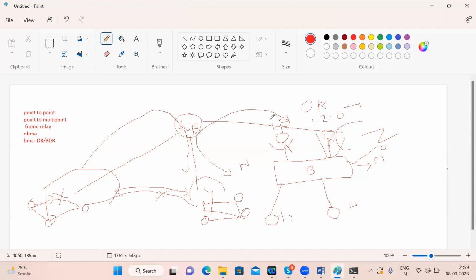The DR has control over the complete broadcasting. If this router dies, the BDR will take the place of the DR. In future, if the DR is not reachable, to whom should we communicate? So they make a secondary router, which is known as the backup designated router.